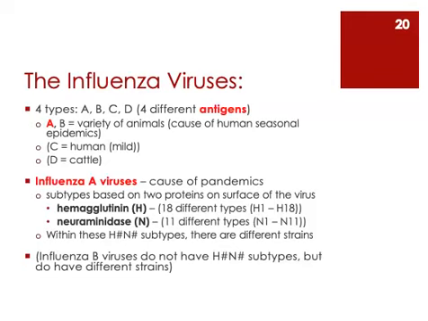You've probably heard of H1N1. When you hear that there's an influenza virus named H1N1, it means it has the H1, the hemagglutinin type 1 spike, and it also has the neuraminidase type 1 spike.